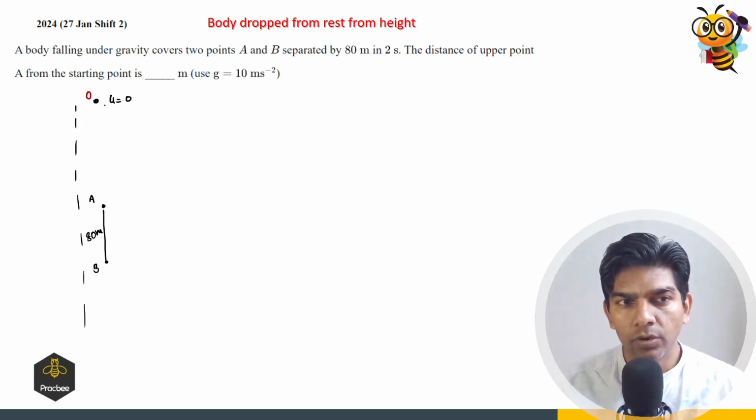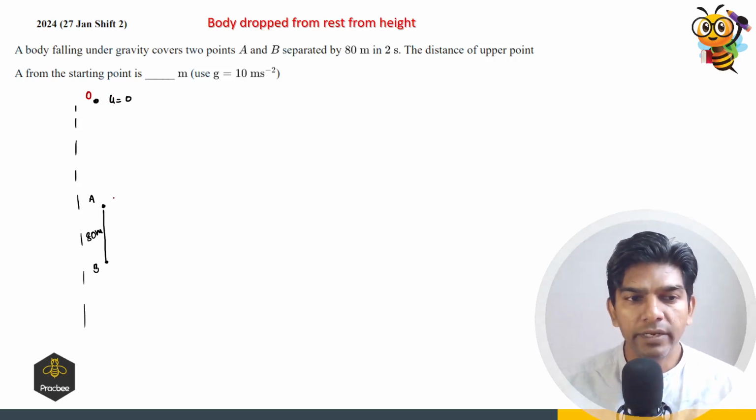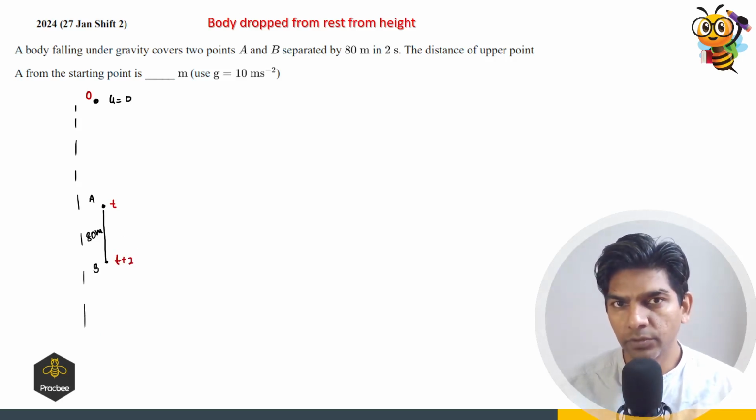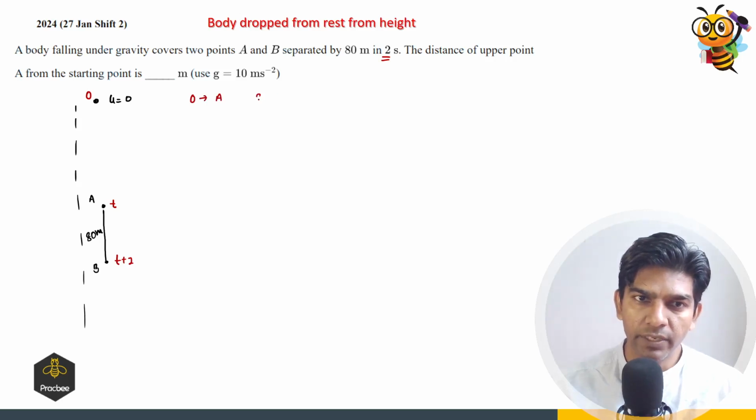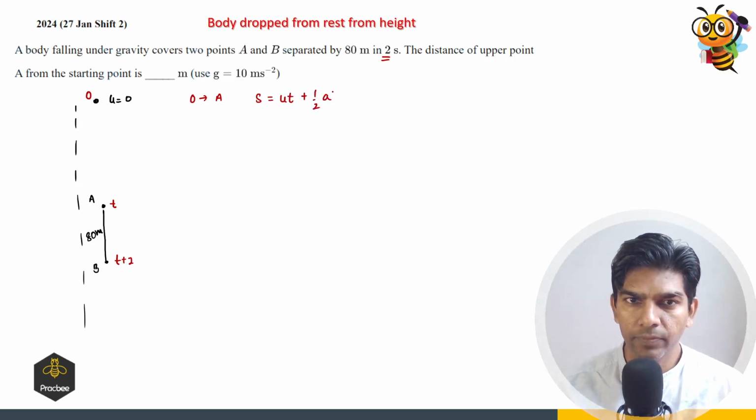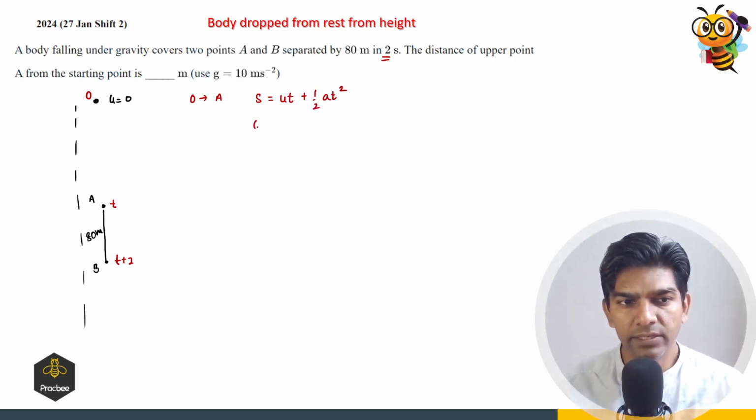So let us say the ball takes t time to reach A, and it will take t plus 2 seconds to reach B, because it is clearly given that in 2 seconds it has a displacement of 80 meters from A to B. Now if I apply the equation of motion from O to A, it will be S equals ut plus half at square, or I can write S as OA, and u is 0, half g, and it will be t square.